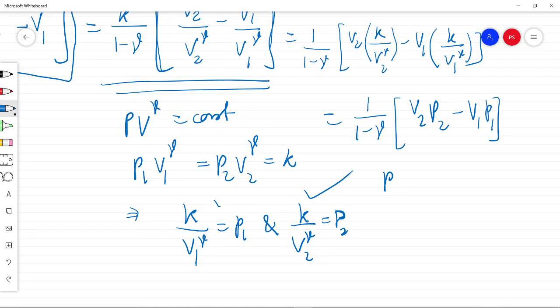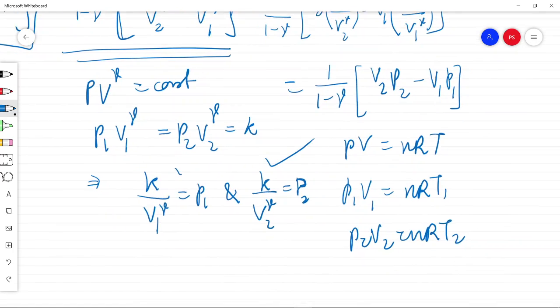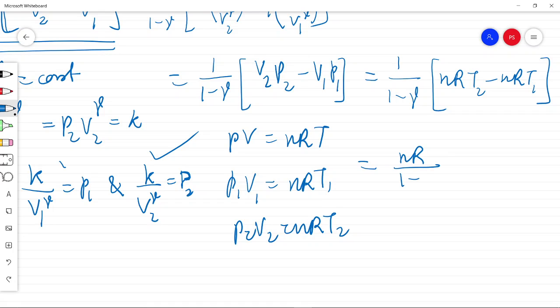Again, we note that PV is just nRT. So this is P1 V1 being equal to nRT1 and P2 V2 being equal to nRT2. This gives us 1 upon 1 minus gamma into nRT2 minus nRT1, equal to nR upon 1 minus gamma, T2 minus T1.